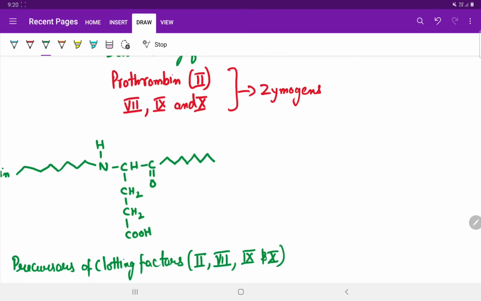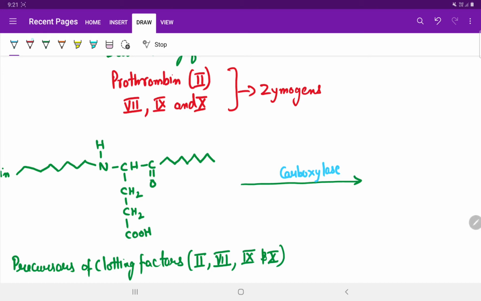In presence of the carboxylase enzyme, so the name of the enzyme is carboxylase, it leads to conversion of gamma carboxy glutamate residues.